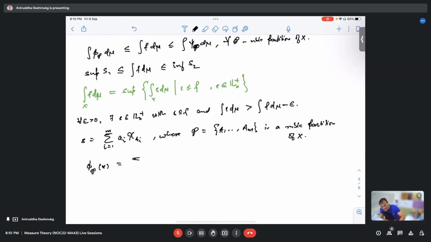φ_P at x is the summation, i from 1 to m, of m_i times chi A_i. Can I say that this is bigger than or equal to s of x?